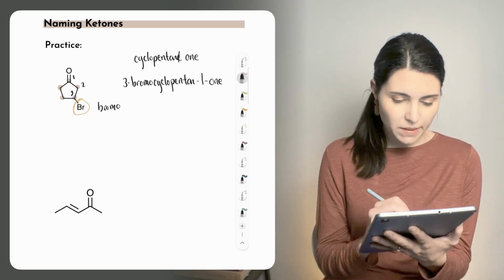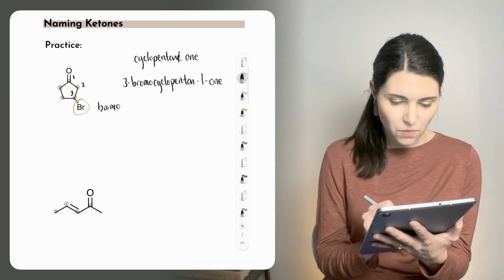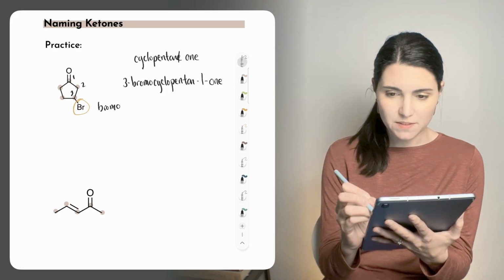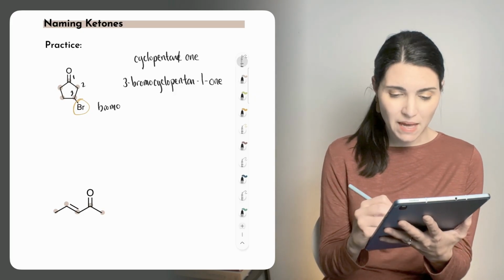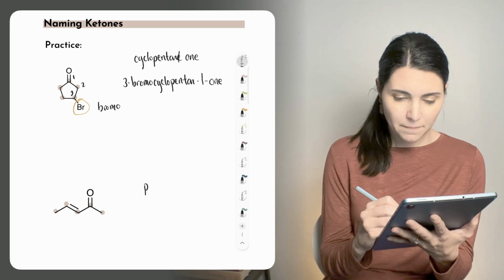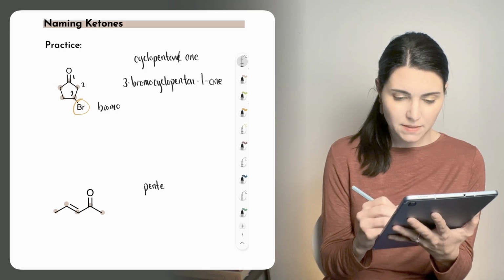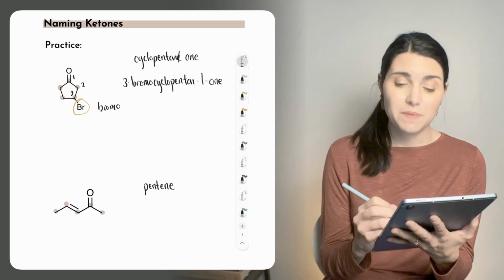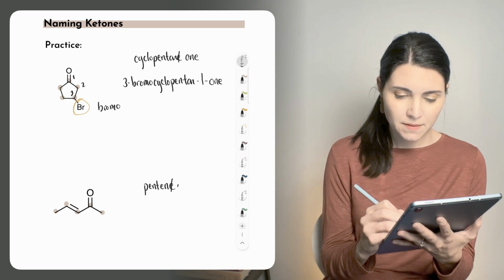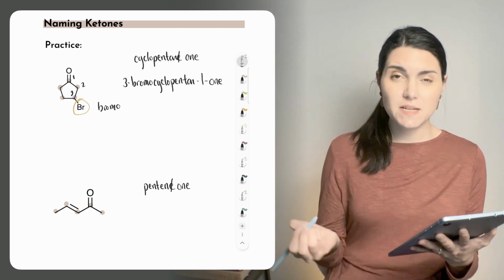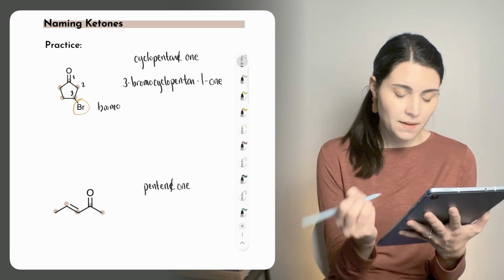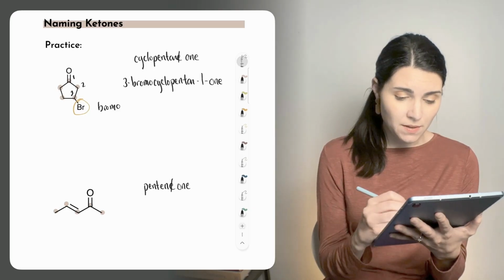All right, next we have an alkene with a ketone functional group. Let's count the carbons. 1, 2, 3, 4, and 5. So this is also a pent, but it's a pentene. We'll drop the E. So pentenone. And then we're going to number.